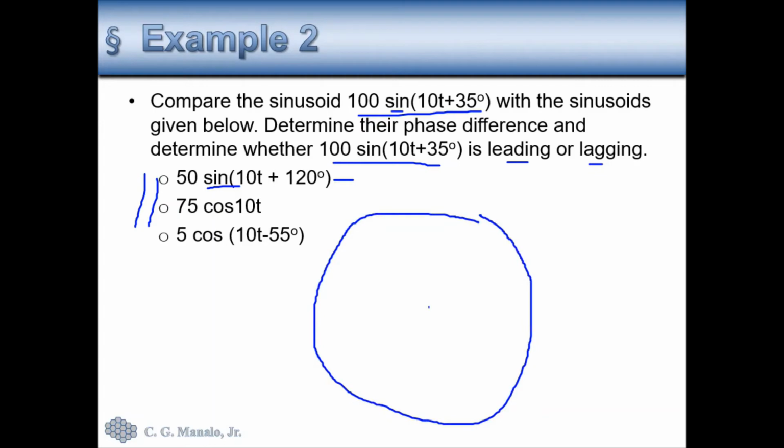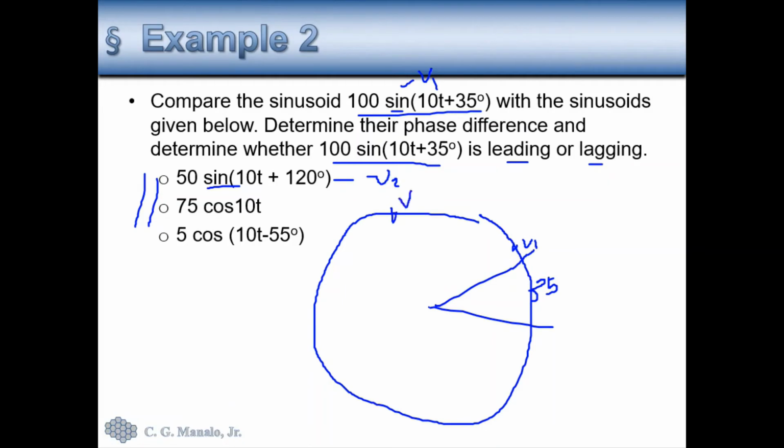So let's say this is v sub 1 here, and this is v sub 2. So v sub 1 is 35 degrees, so it is somewhere here. Okay, so this is v sub 1, and v sub 2 is 120 degrees, so it is somewhere here.